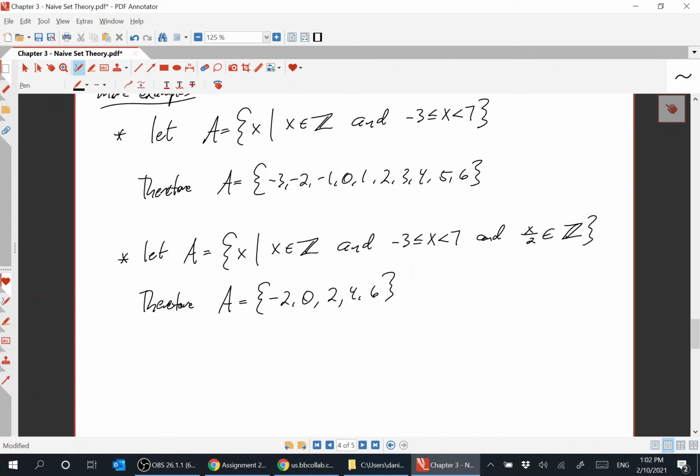All right. How about this? Let A be equal to the set of all x such that there exists a y with y an element of the set {1, 2}, and x is equal to 2y.